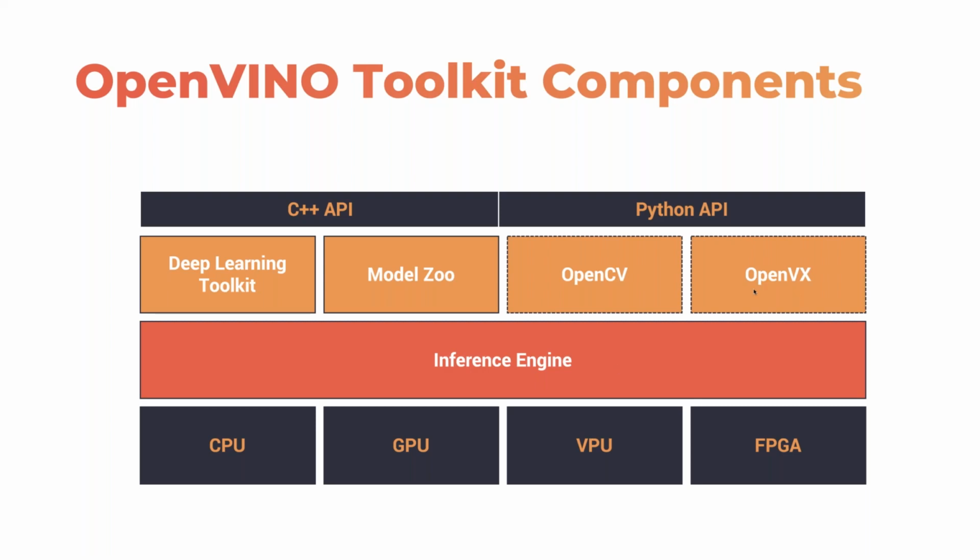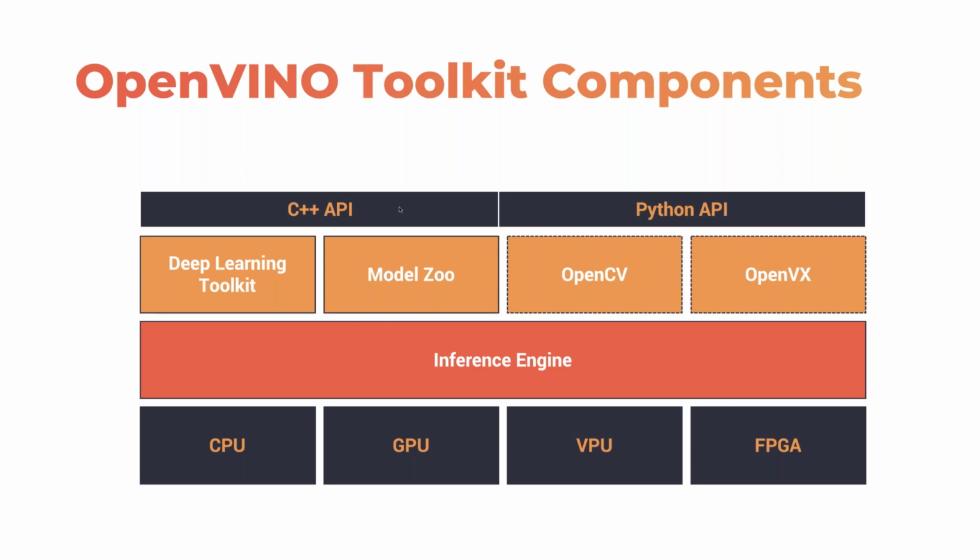OpenVX, as I mentioned, is another engine that is responsible for inferencing, but that's not the focus of today's talk. So then we have C++ API and Python API that will enable you to talk to the deep learning toolkit, the inference engine, OpenCV, and so on. So this is the big picture of OpenVINO Toolkit and how the building blocks are laid out.